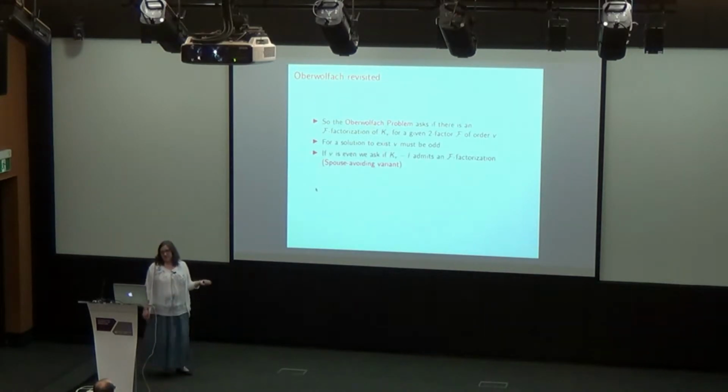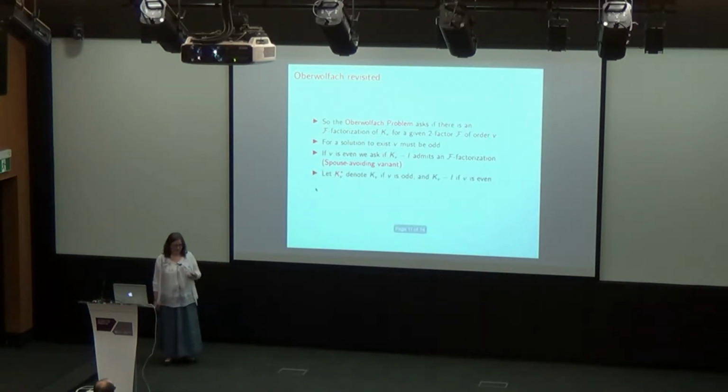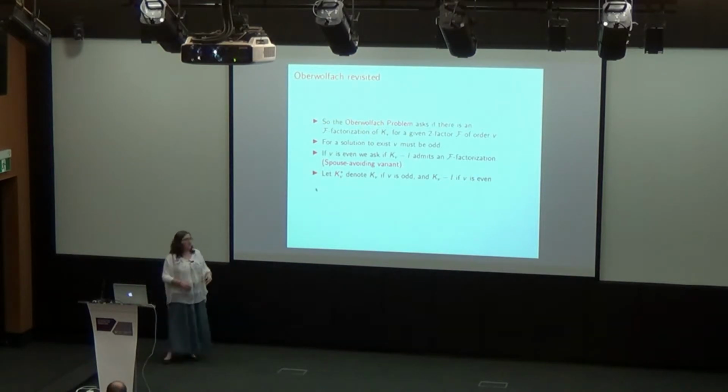So if v is even, then the standard trick is to remove a one-factor first. And so instead we factorize Kv minus I, and this is sometimes referred to as the spouse-avoiding variant. Okay. So I'm going to let Kv star denote Kv if v is odd, or Kv minus I if v is even. So we're just decomposing either the complete graph or the complete graph minus a one-factor, depending on the parity of v.